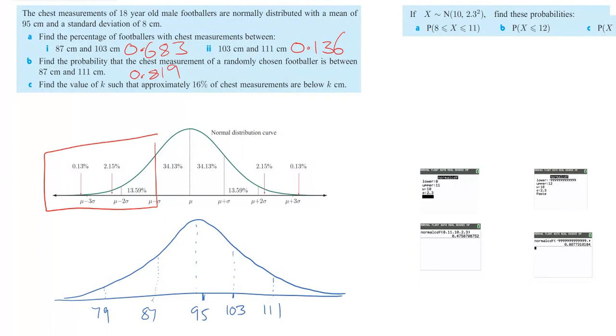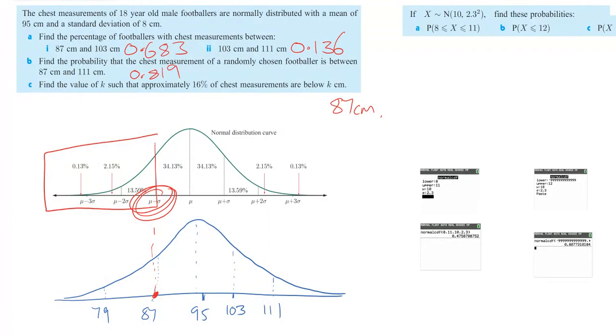If we take the 13.59, the 2.15, and the 0.13 for those little bound areas there, we're going to get approximately 16%. So the question is, what was this value here? That would be our value of K, so that 16% of chest measurements are below K. And if we follow that down to our diagram, that is going to be 87 centimetres.